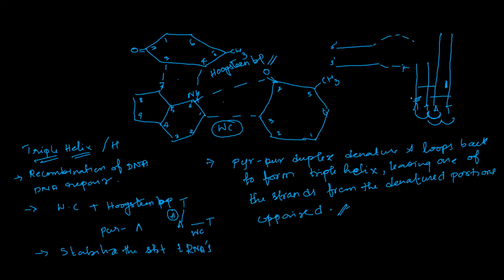So usually Watson and Crick base pairing alone happens, but in the case of triple helix or the HDNA, there are two types of base pairing occurring, both Watson and Crick base pairing and Hoogsteen base pairing.